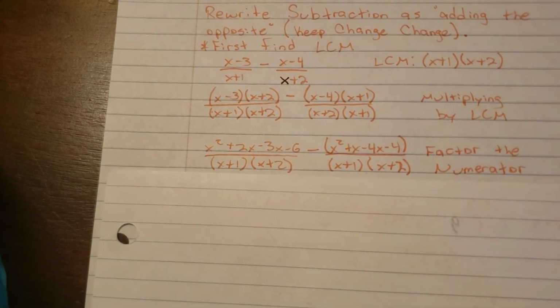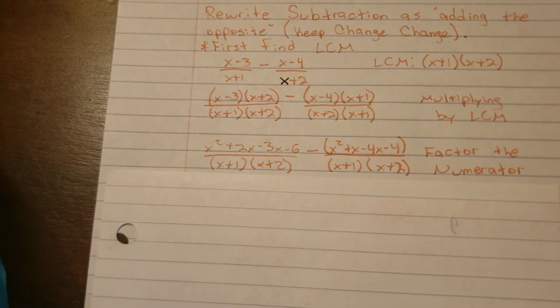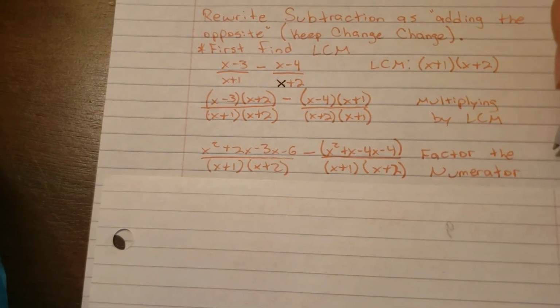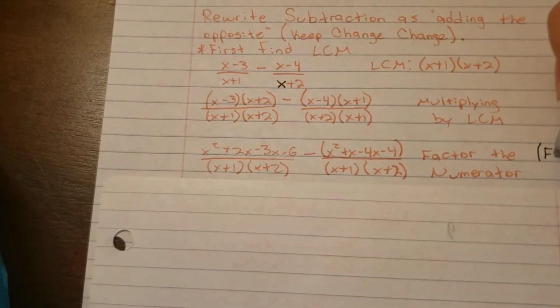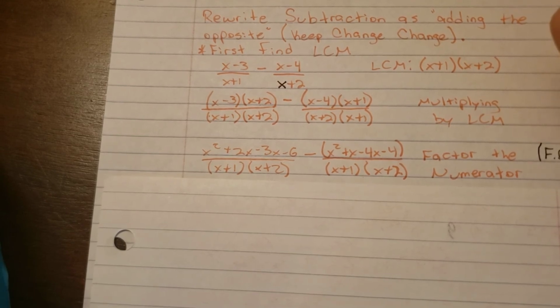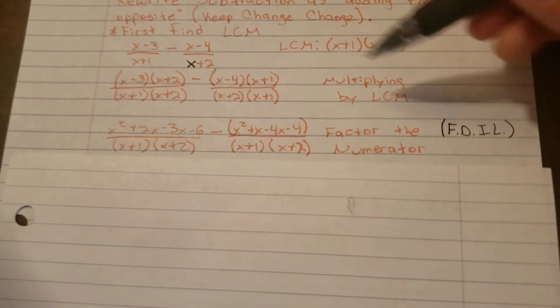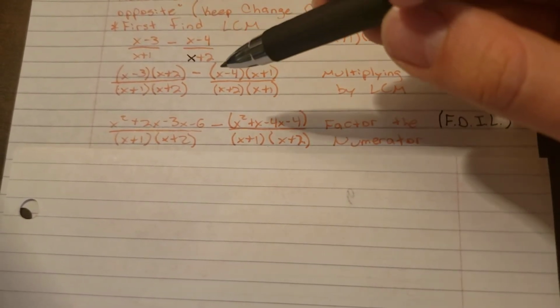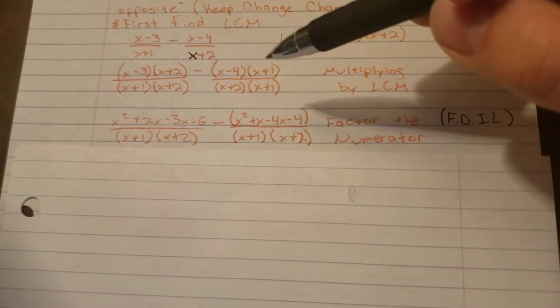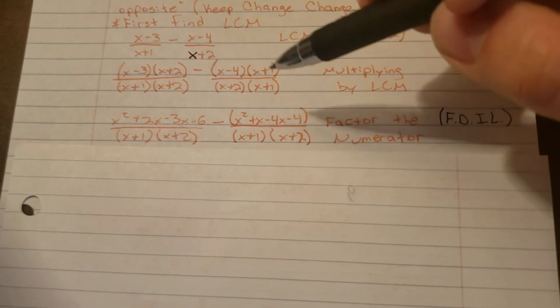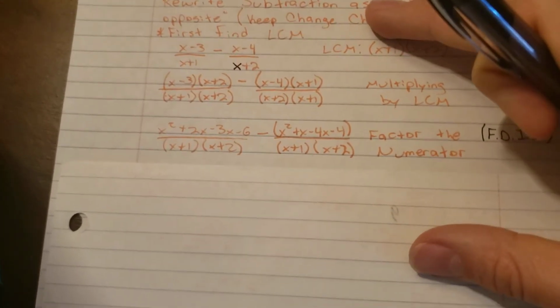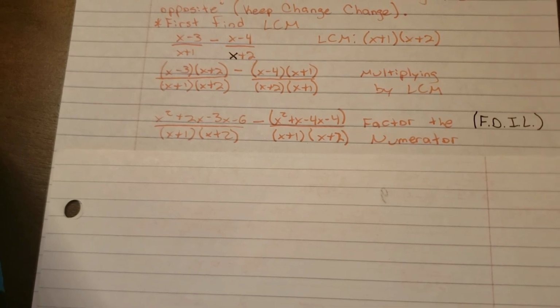I've factored the numerator. What I did was I did FOIL, right? First, outside, inside, last, right? A lot of multiplication. I think that goes back to chapter 9.